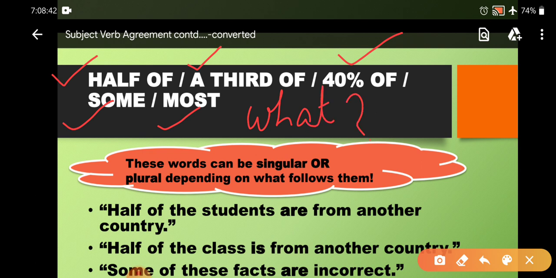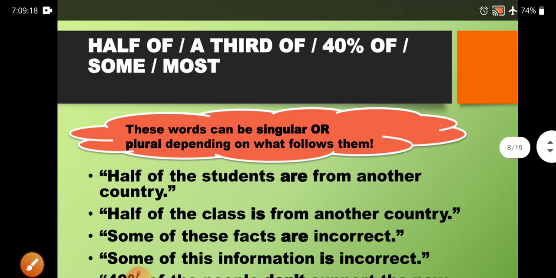A third of what? 40% of what? So whatever follows this word, half of what? If this is singular, the verb will be singular, and if this is plural, the verb will be plural accordingly. But it will be better if I explain this to you through the examples, then it's easy to understand for you.